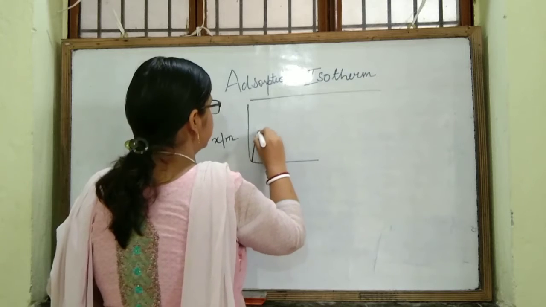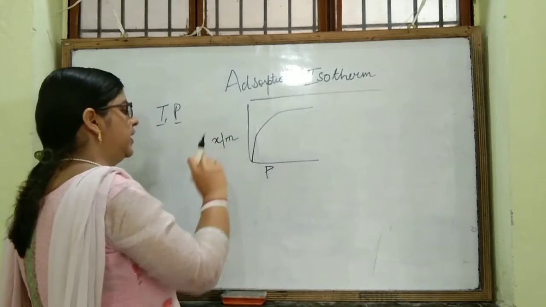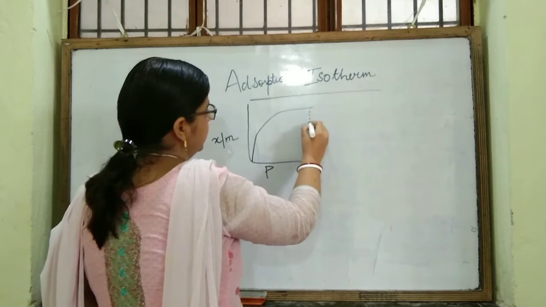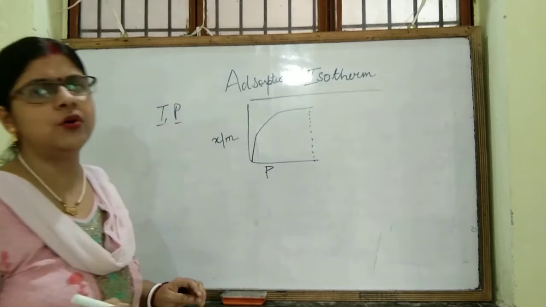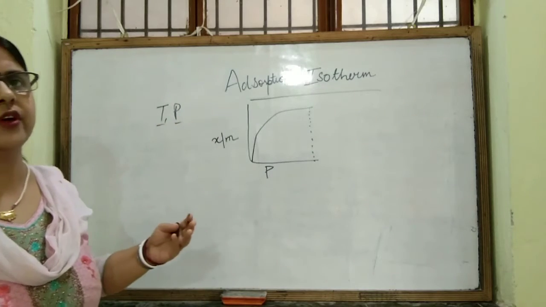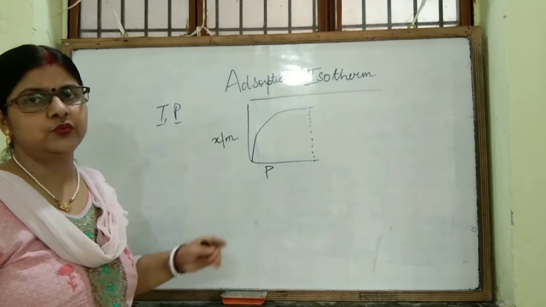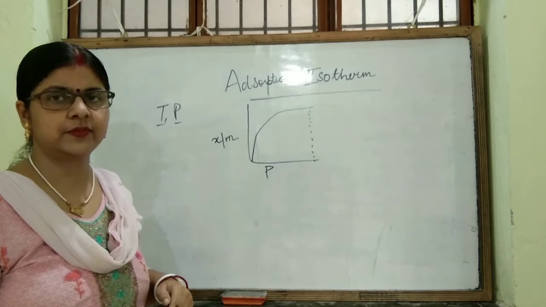In the beginning, we'll see that it will increase with the increase in pressure, and when the saturation point is reached, there will be no increase in adsorption upon increase of pressure. So the graph will be like this.